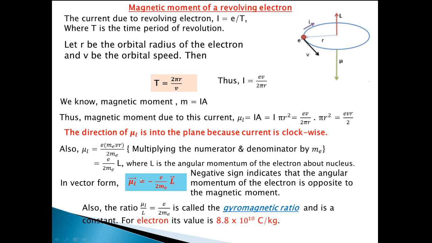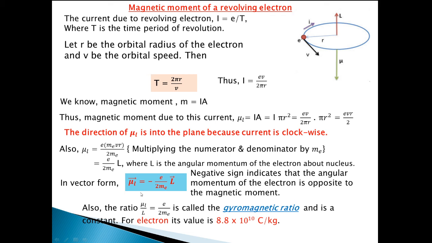In vector form, it can be written as mu L vector equal to minus e by twice m e into L vector. The negative sign indicates that the angular momentum of the electron is opposite to the magnetic moment.